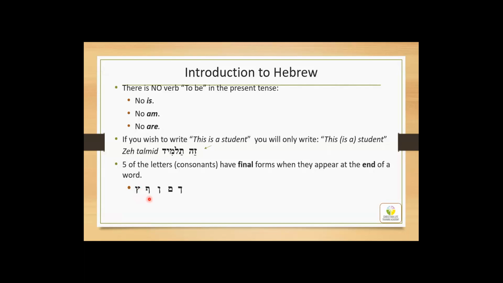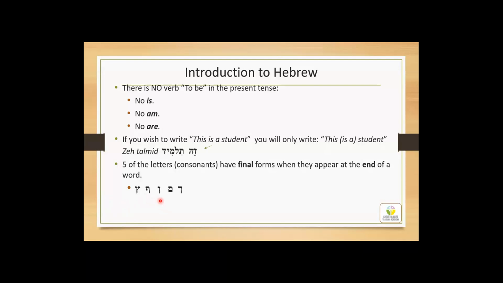Then that is the F, or the end form of the P. That is the third one of the P. We'll get there eventually, I'll show you what it looks like. But that is the one that changes its form at the end of a word.